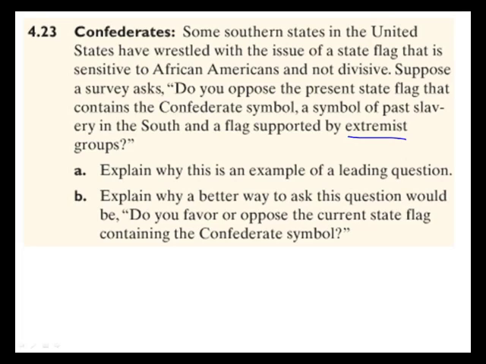So is this a better way to ask the question: do you favor or oppose the present state flags containing the Confederate symbol? Okay, it lets them know it contains the Confederate symbol, but it doesn't make any judgment on that symbol. So one group, I think it was in the other class, had asked how often do you change your toothbrush, but they'd also said that dentists recommend changing it every 3 months.